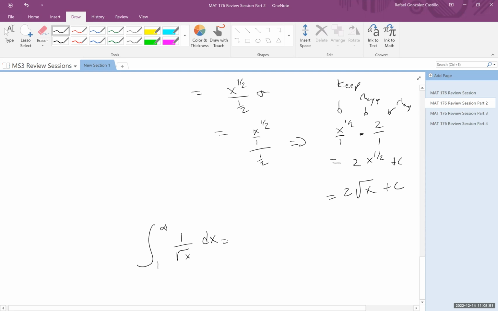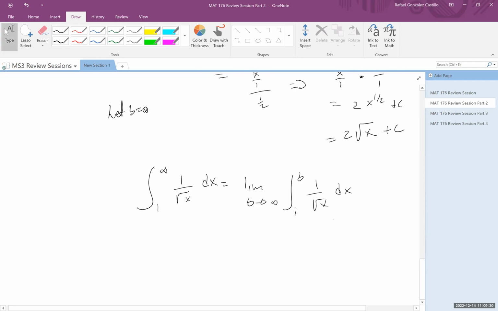We're allowed to substitute, instead of infinity, b, and let b go to infinity. So we take the limit as b goes to infinity of the integral from 1 to b of 1 over radical x dx.